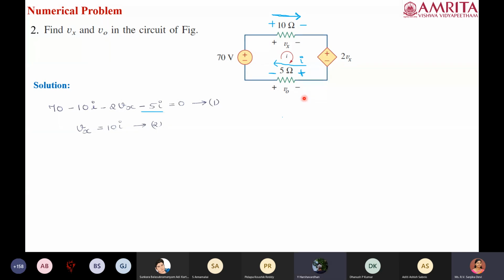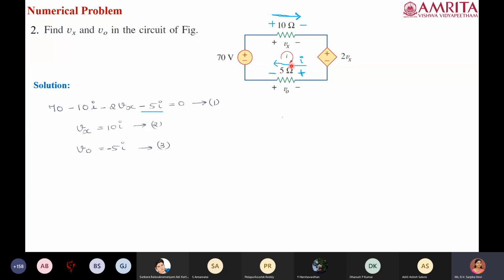Ma'am, can you tell how you got that polarity for the 5 ohm again? See, initially the current is flowing in this particular direction, right? Whenever there is a current flowing across a resistor, there will always be a voltage drop.